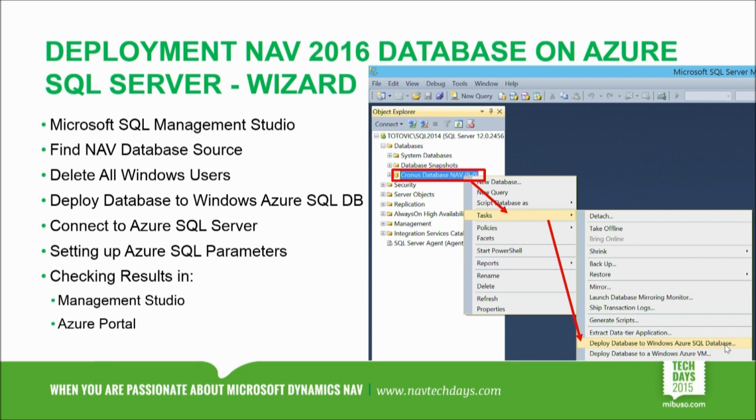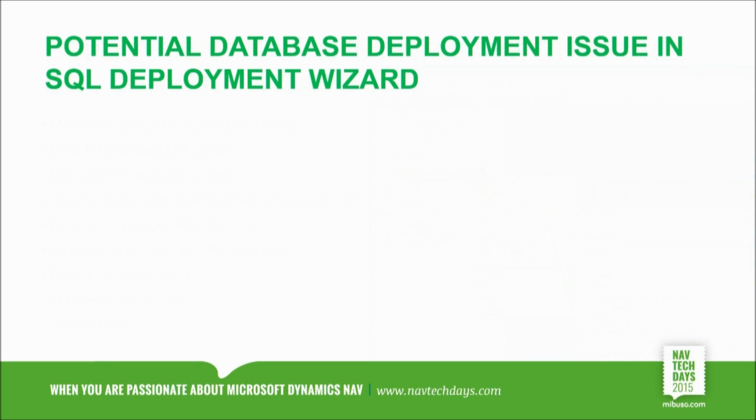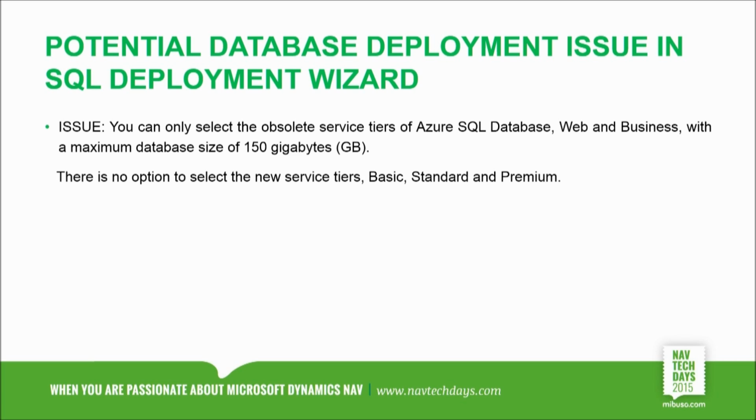But before I continue, I prepare one potential database deployment issue. If you have a situation that you can select only obsolete service tiers on Azure SQL database, web and business, with a maximum database with 150 gigabytes, and there is no option to select new service tiers, basic, standard, and premium, this is a big possibility to find this issue.